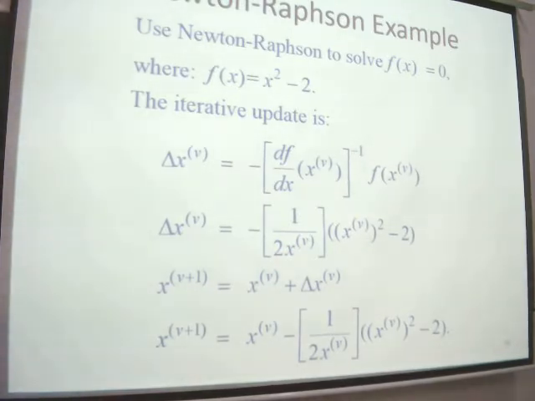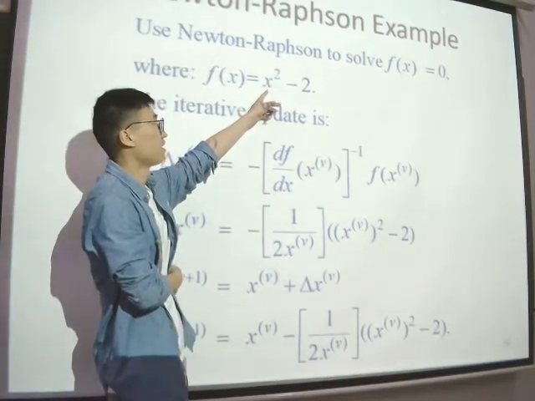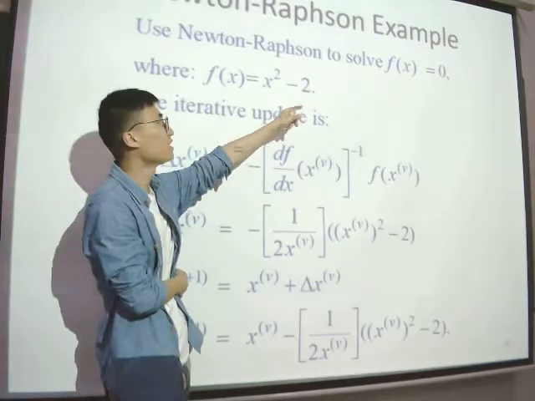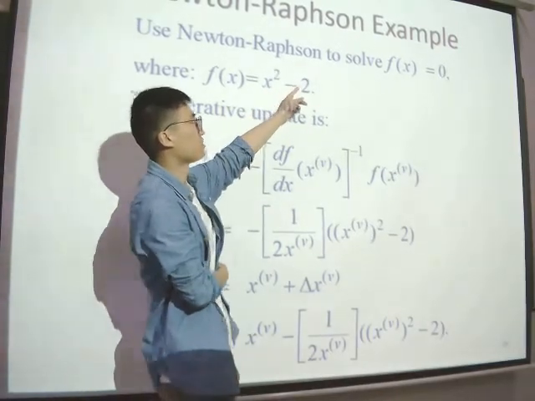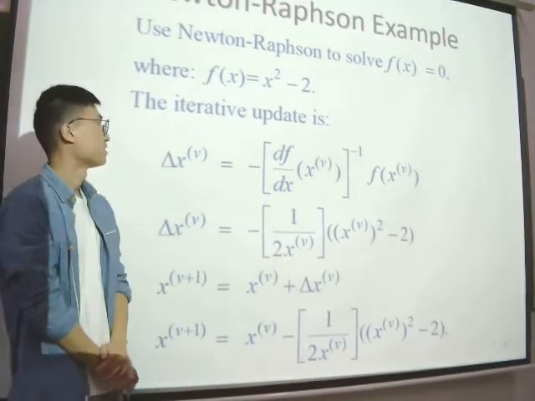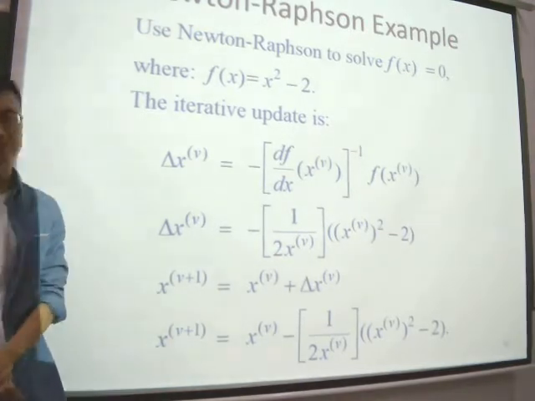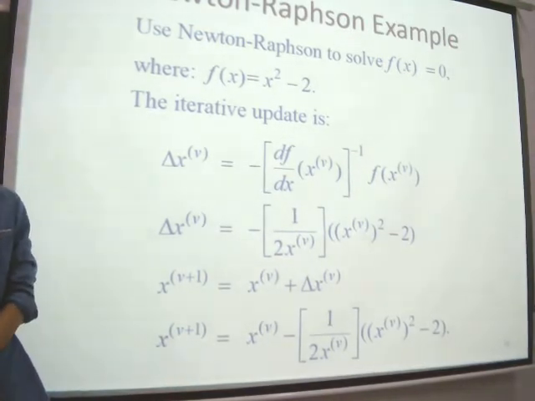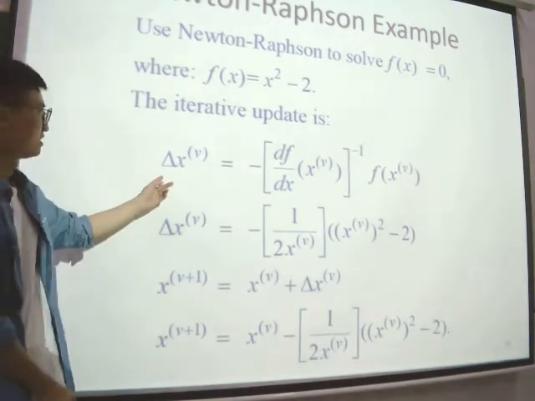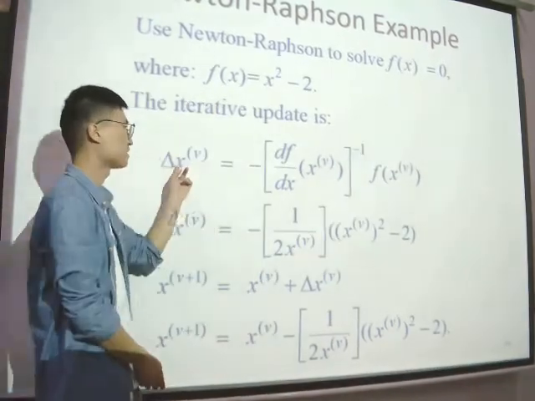Just like to solve this function, x squared minus 2 equal to 0, so x squared equals 2. We know this is quite easy, the answer will be plus or minus the square root of 2. But if you are doing the Newton Raphson example, this is the direction of delta x.